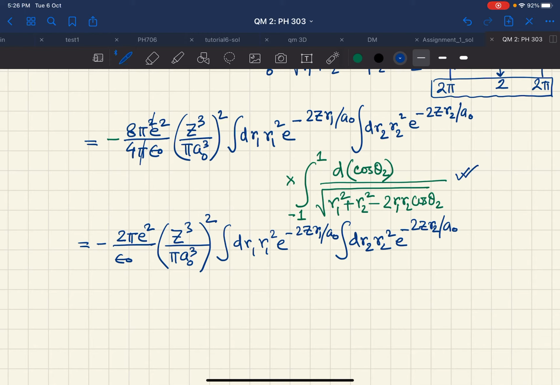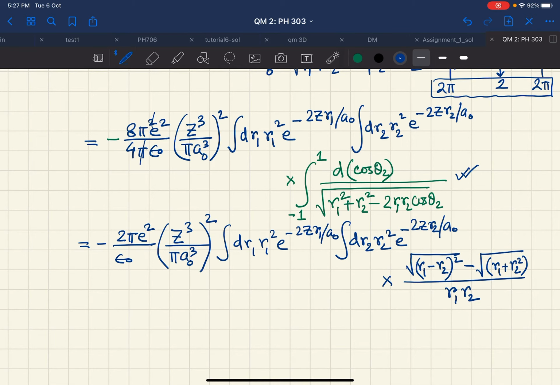This is very easy, because now you just choose your cos theta 2 as say t. Then I have this integral as dt by square root of a plus 2t, and that integration is very easy to do. If you do that integration, what you will obtain is the following: square root of r1 minus r2 whole square minus square root of r1 plus r2 whole square, divided by r1 r2. This is what your result will be when you do the integration from minus 1 to plus 1.